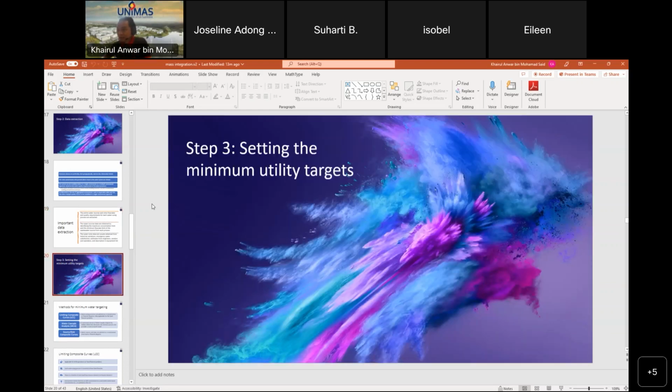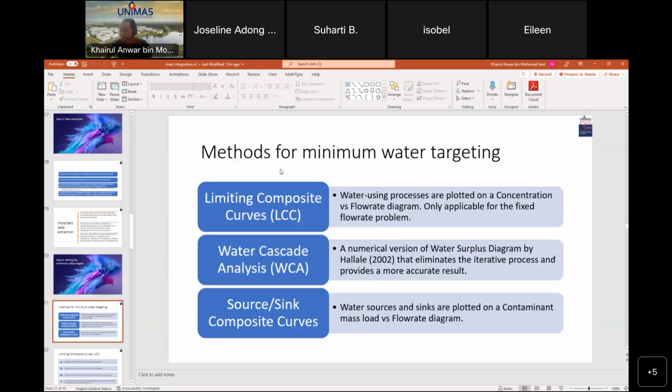Step 3, setting the minimum utility target. There are actually 6 methods, we only cover 3 of them.